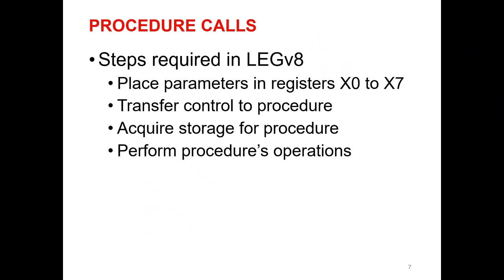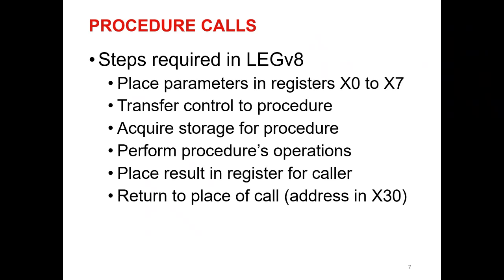Then we do what we need to do. In the previous example, the operation was swapping the two values, and then I place the result in a register and return the control to the caller of the procedure.